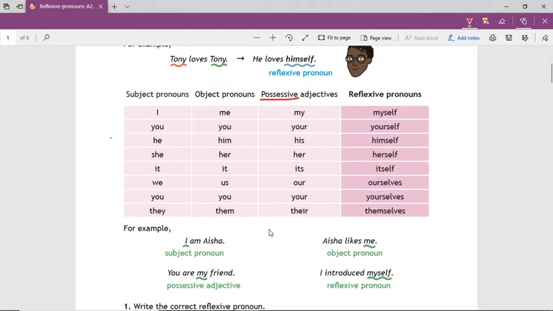For example, I am Aisha, the subject pronoun. Aisha likes me, the object pronoun. You are my friend, possessive adjective. Or I introduce myself.